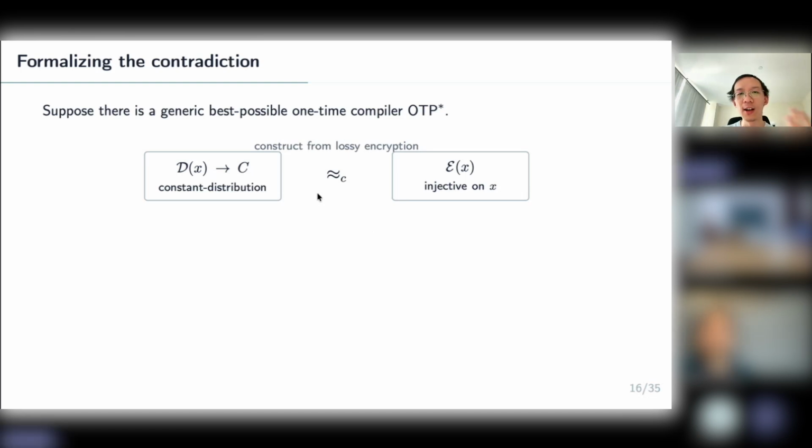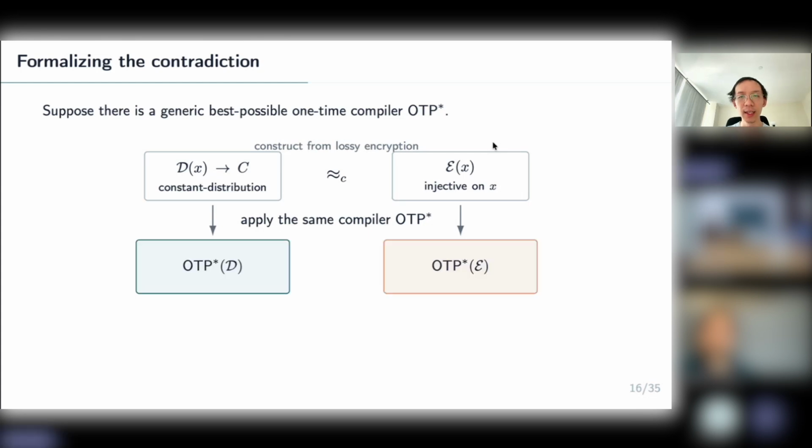Okay, so now for our proof, let's consider what happens if we just apply the supposed best possible OTP star to both D and E without knowing which is which. I claim that the following must happen. First of all, if D is fed into OTP star, then by best possible security, OTP star of D must look like a constant program.